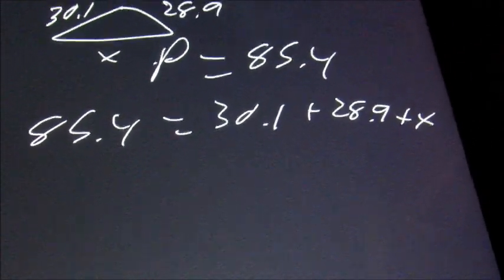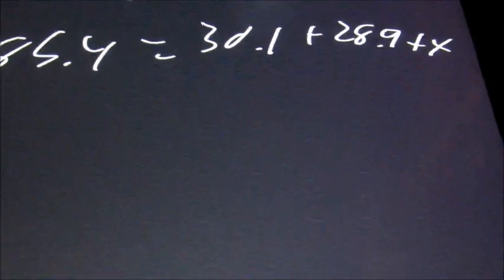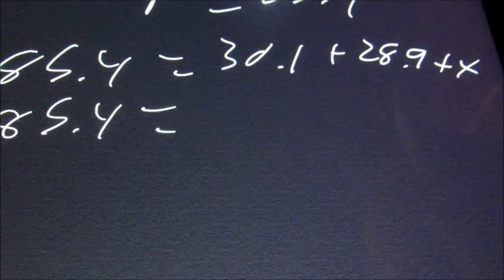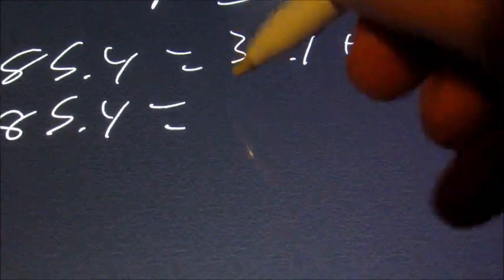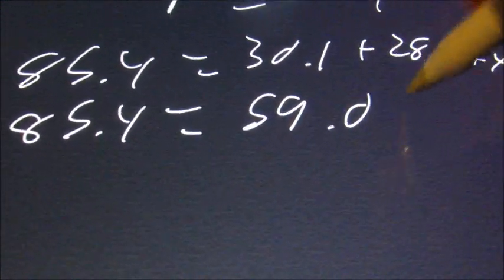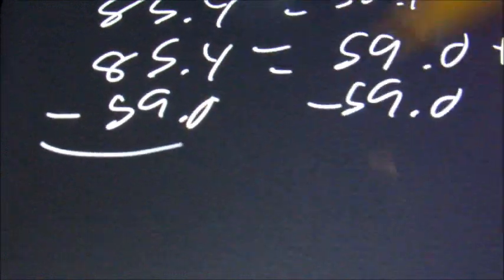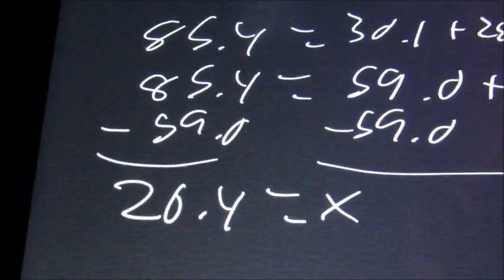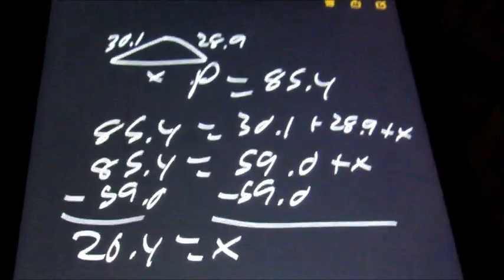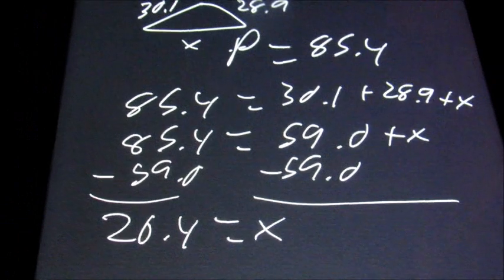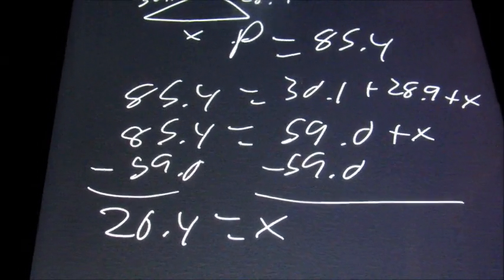Here, we don't need to get rid of the decimals because we're probably going to use them. So 85.4 equals 59.0 plus x. Subtract the 59.0, and we're going to get 26.4 equals x. So those are all the types of questions that you're going to get for 9.3 on triangles.